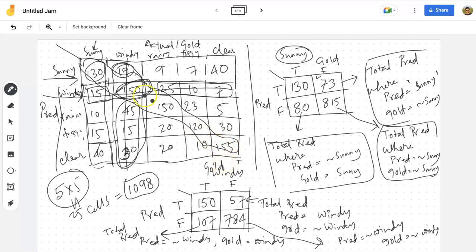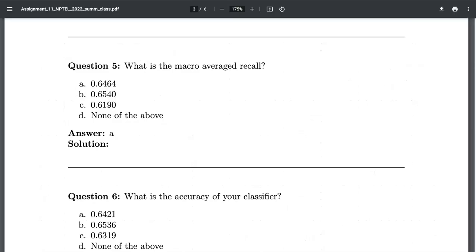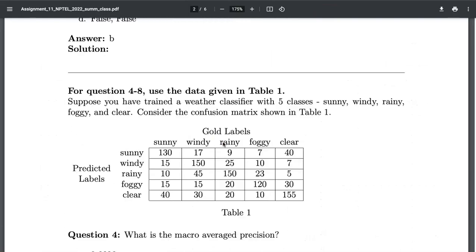So what does this diagonal represent in the actual matrix? If this table seems clumsy, let's check the actual table.